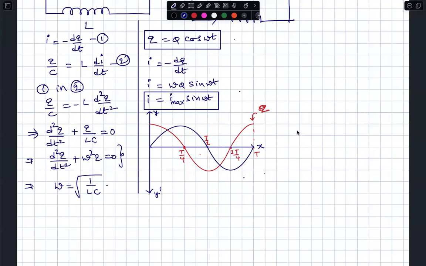The blue line represents the current graph, I graph. So when the charge is zero, the current is maximum.